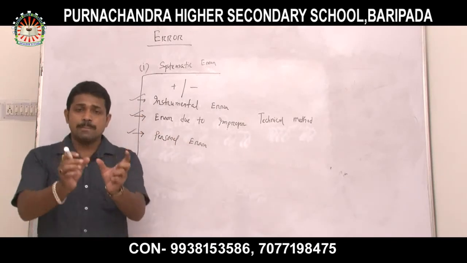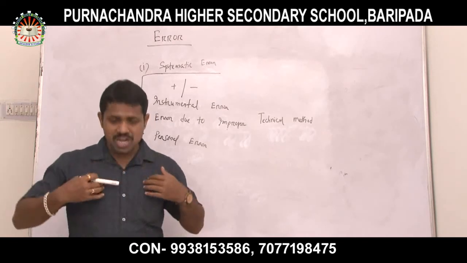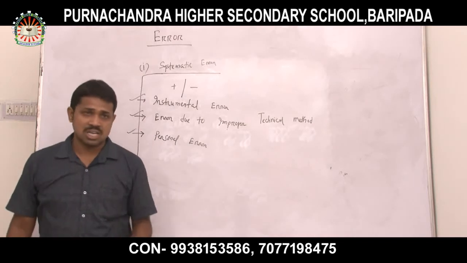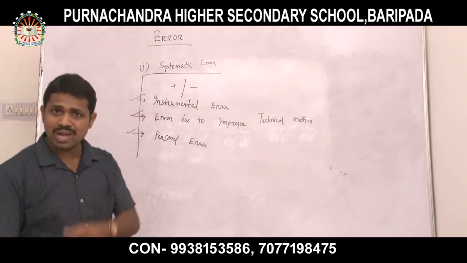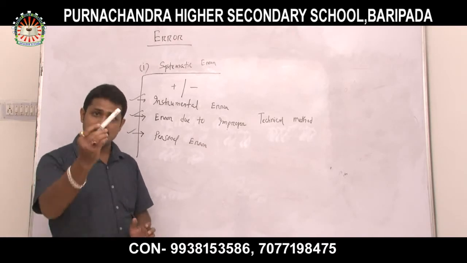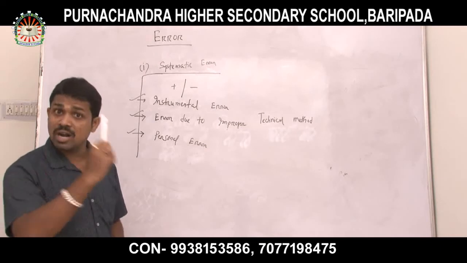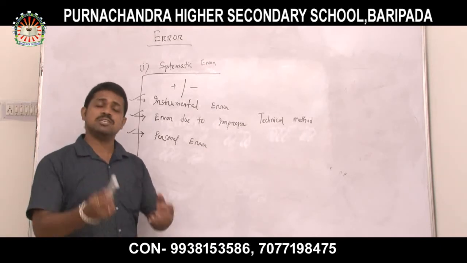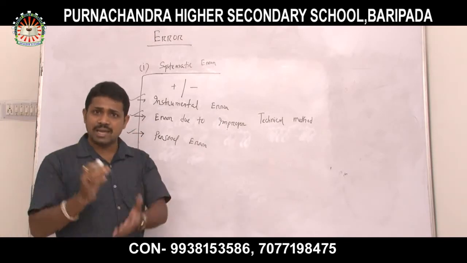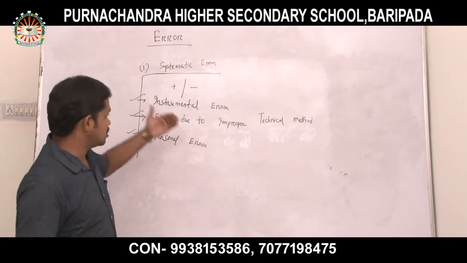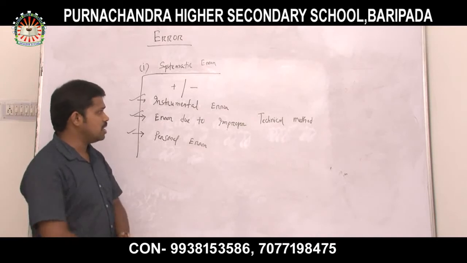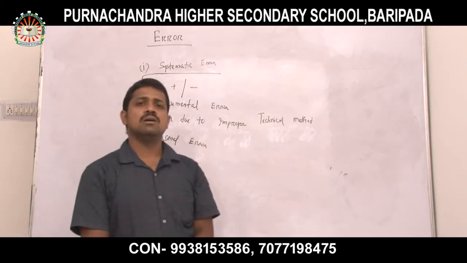The temperature of the human body also depends upon external factors such as pressure and humidity. So it is very important that to measure the human body temperature, the thermometer should be placed accurately and perfectly. If it is not placed accurately, then whatever error arises comes within systematic error. Remember, that type of error is called error due to improper technical method.